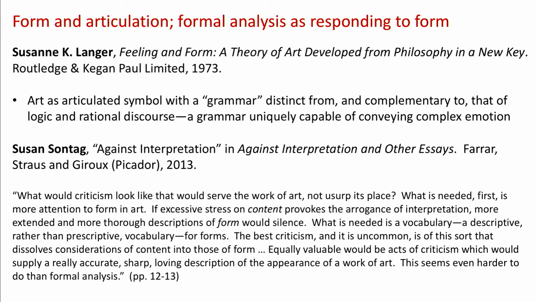And so in approaching the second part, I keep a couple of things in mind. I've been very influenced in my thinking by some things written by Suzanne Langer, who is another mid-century philosopher. She in particular has a book called Feeling and Form, a theory of art developed from philosophy in a new key. And maybe the key thing to take away from that is the idea that art, so a piece of art or these sorts of ceramics that we're thinking about, means through a kind of symbolism, right?